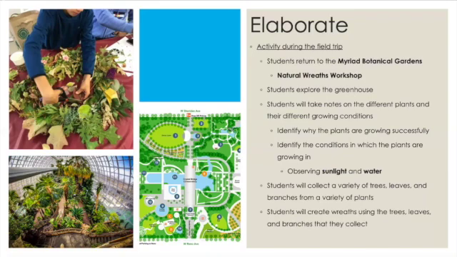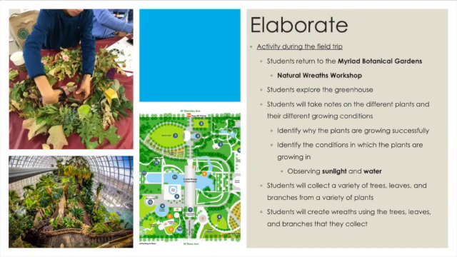And you can also see in the photo to the left of the map the inside of the conservatory. That includes several different kinds and species of plants. Students would have the chance to explore the different types of plants in there and the beauty of it, the shapes, the sizes.